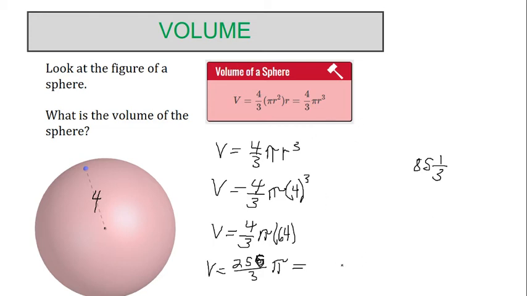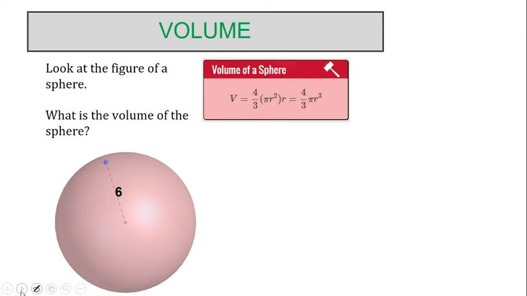So in this example, after I convert it to a decimal, I get about 2411.52 units cubed, or cubic units. So remember, this volume, what we are talking about, is the space inside that, in this case, sphere. How much space is inside it?